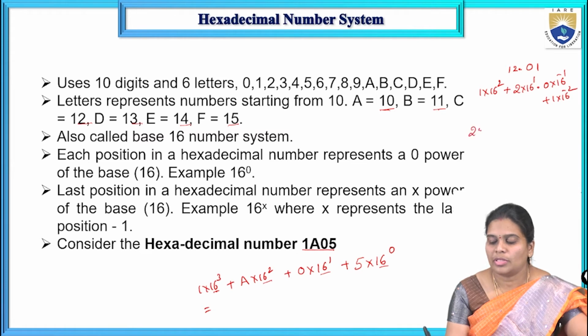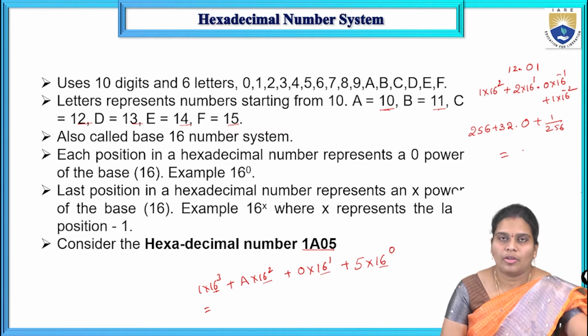So 16 plus 2, plus 0, plus 1 by 256. That is the final value. This is the procedure for either integer values or fractional values, how we multiply with the base values. This is the procedure for all the number systems. In each and every number system we can have integer values or fractional values.